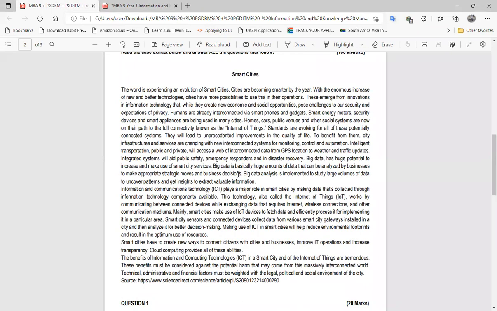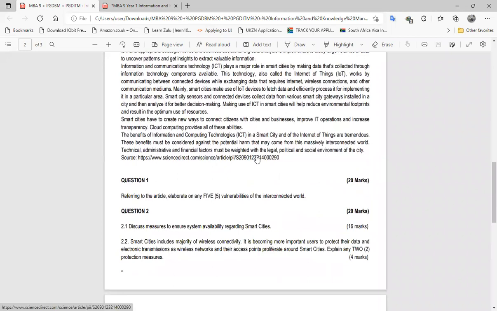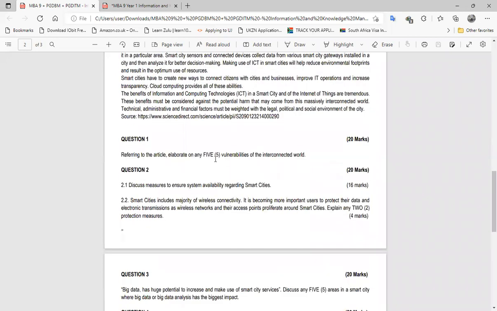Though you need to answer those questions in relation to the case study, that doesn't mean those things are mentioned within the case study. So we're just going to skip reading this first time, but let's go on to question 1. Let's talk about 5 vulnerabilities of the interconnected world.